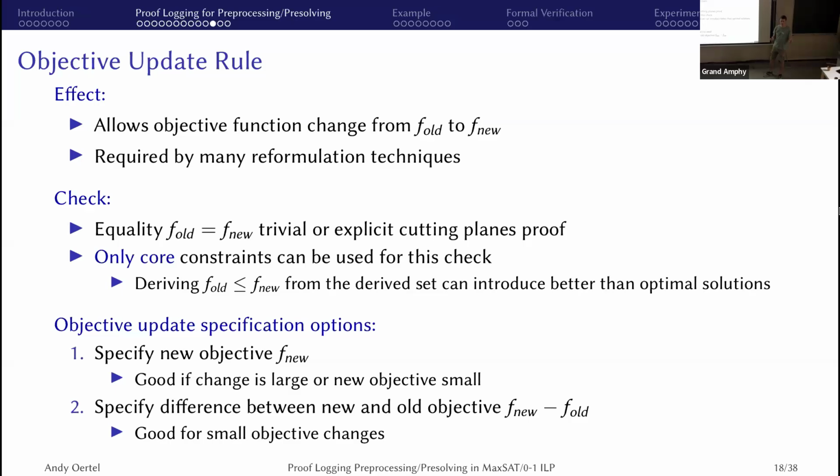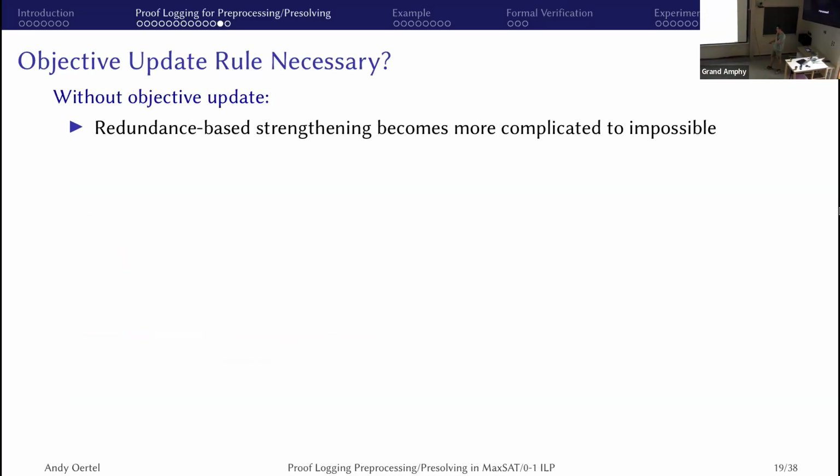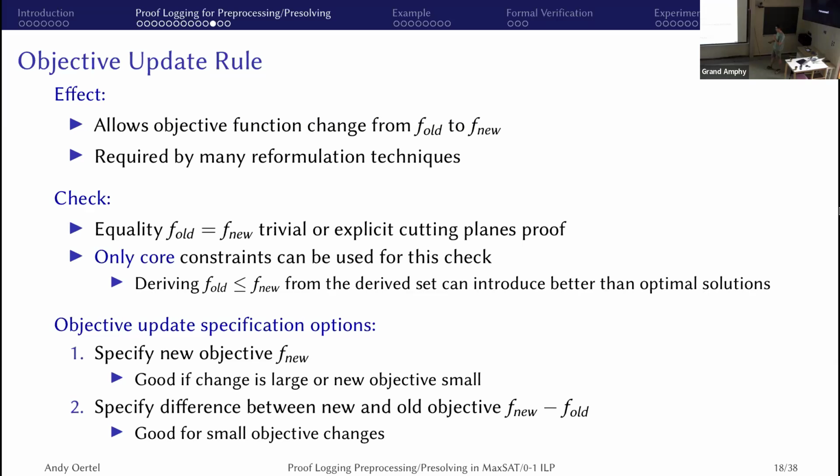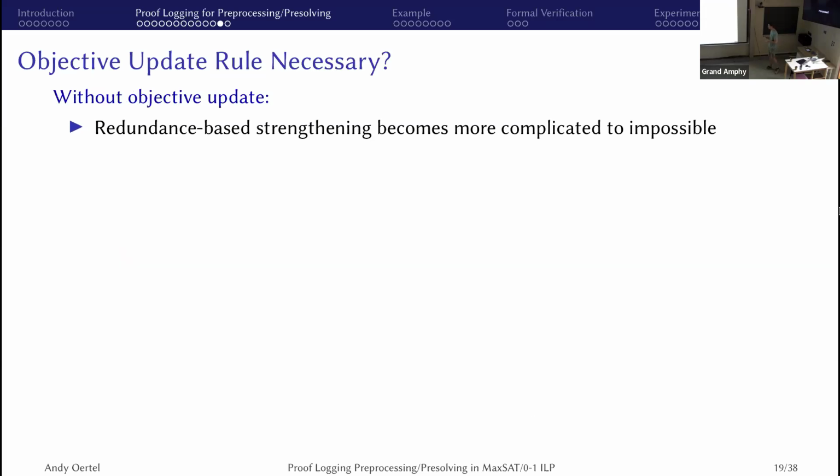You're just adding one term and removing another term. And for this, we have this other way to specify it by the difference between the new objective and the old objective. And this is good if you have a small objective change. I will show briefly in a few slides how the syntax for this works.